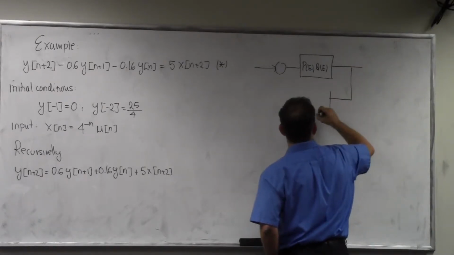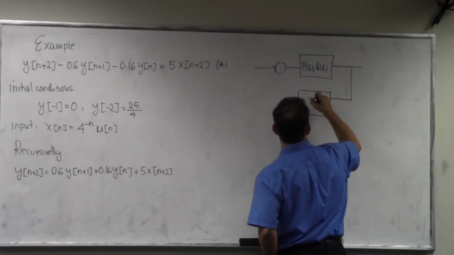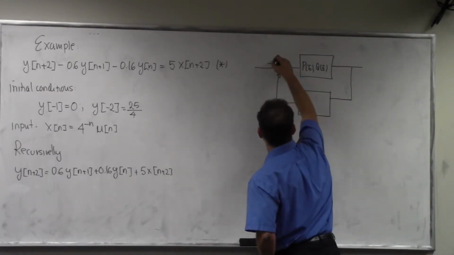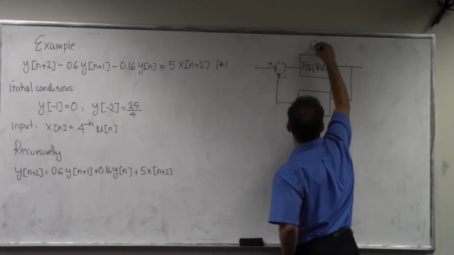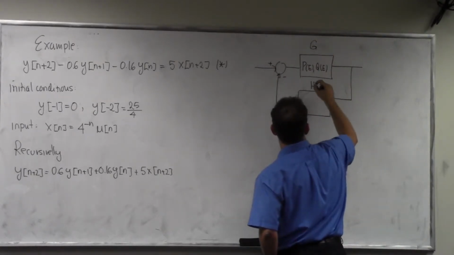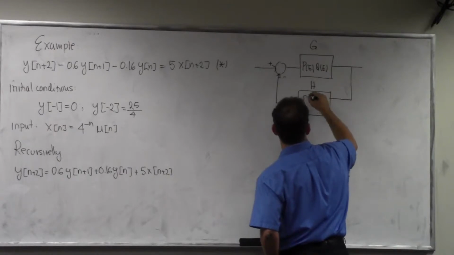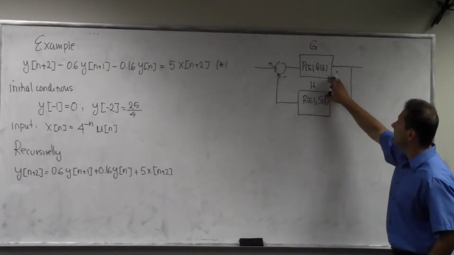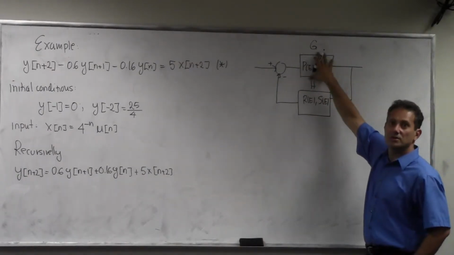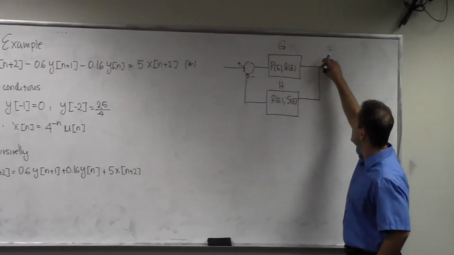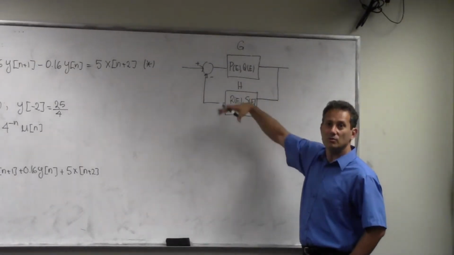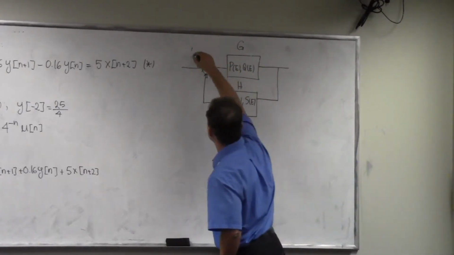I'm going to feed this through another system like this. Let's call this G, and let's call this H. So H will have R of Z, S of Z. You see what I'm drawing? This is the original system, and then I'm taking the output of the system and designing the system H to get now this big system end to end.